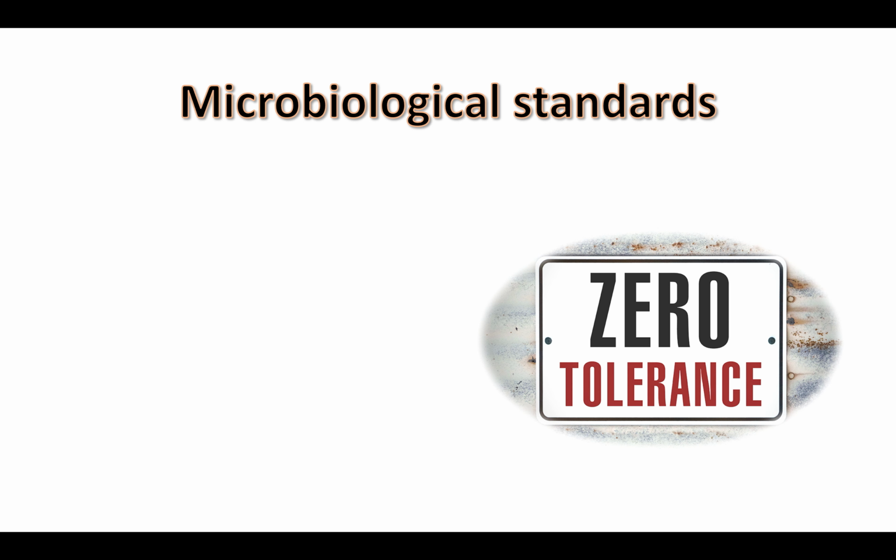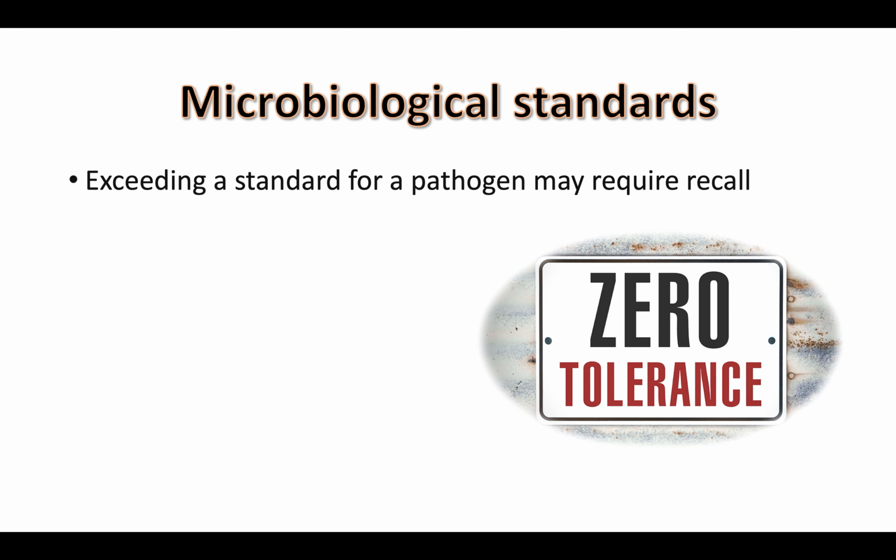Microbiological standards in the United States are established by the FDA and USDA for specific high-risk food types. Exceeding an FDA or USDA microbiological standard will require a recall. These are essentially the legal acceptance criteria for your product to enter commerce in the United States.